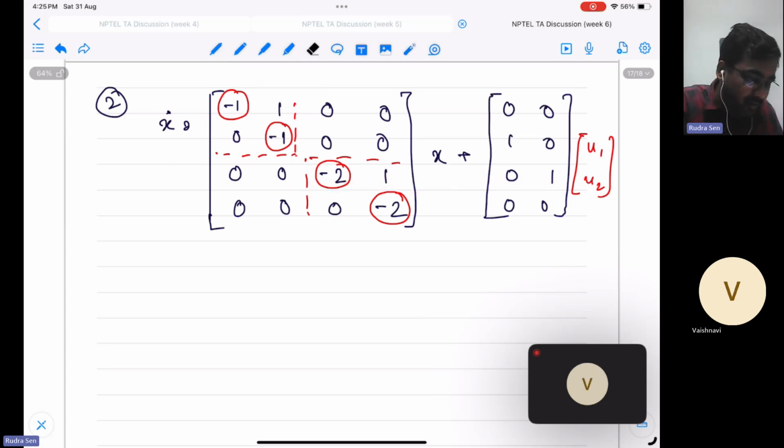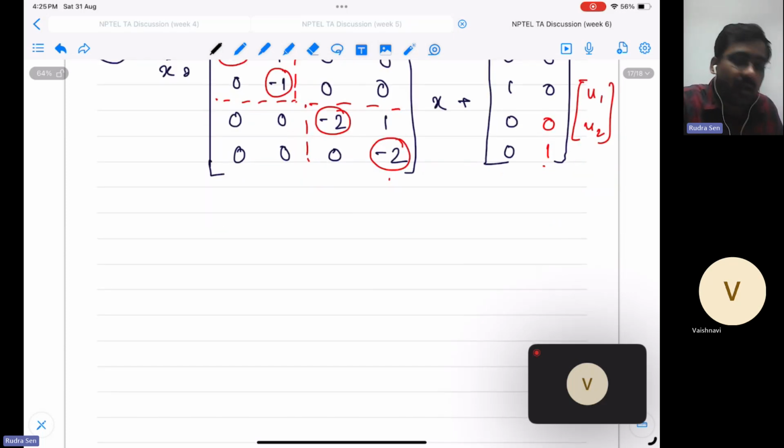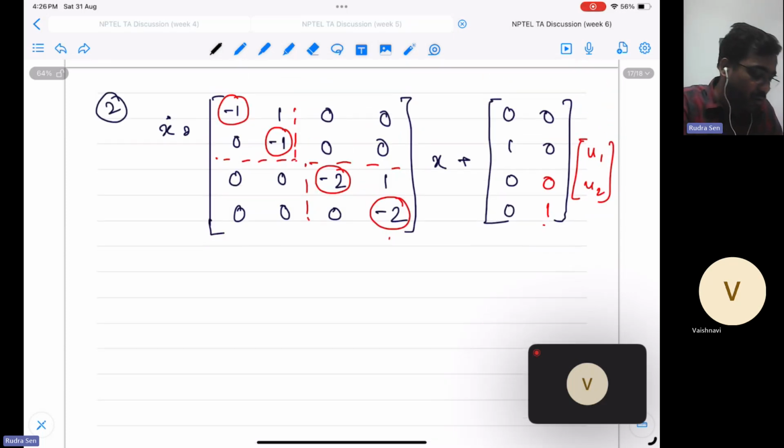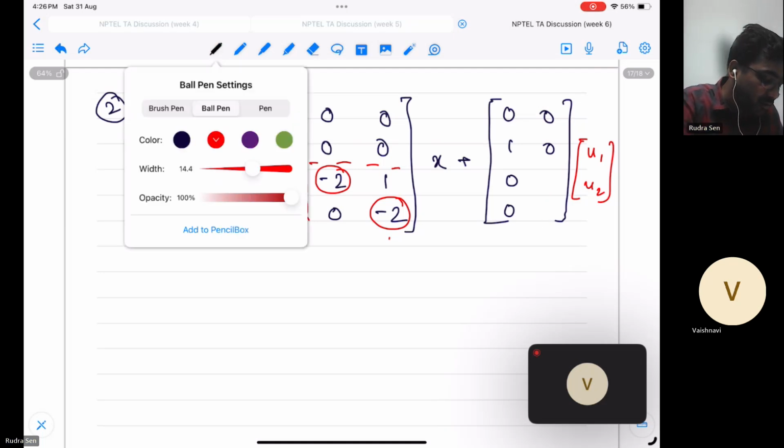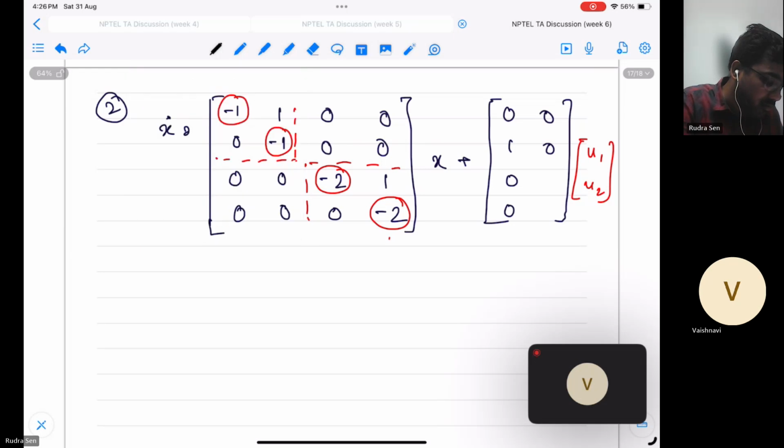But if this term is 0 and this term is 1, then we can say the system is controllable, because this control input controls x4 and this controlled x4 controls x3. But this is not the case. The case is this is 1, this is 0.